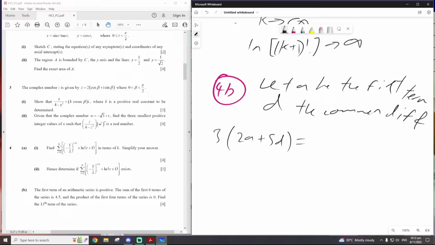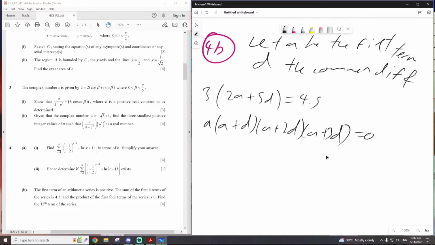This is 4.5. And we also have a plus d, a plus 2d, a plus 3d is 0. So that means that one of these is going to be equal to 0.